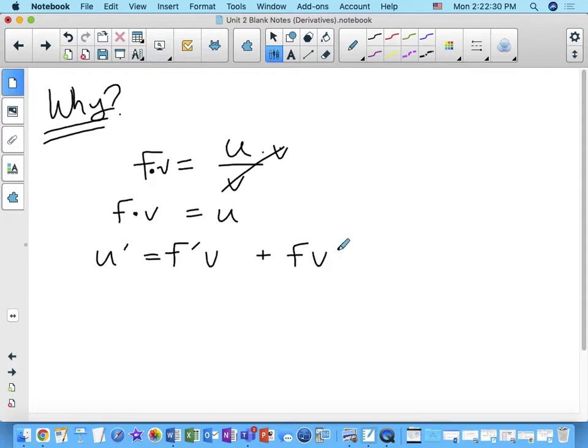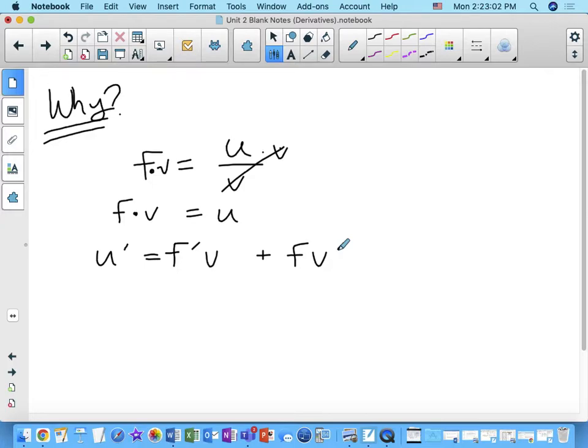Now, what we really wanted out of all of this was f prime. That's what we wanted. So what I'm going to do now is isolate f prime, because the whole point of this was to figure out why the quotient rule works the way it does, so that I can figure out how to find the derivative of f. Right? When my function is the quotient of two other functions, how do I find its derivative? So I'm going to go and isolate that.